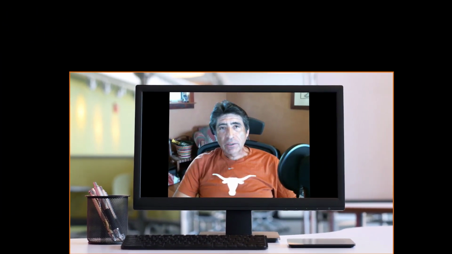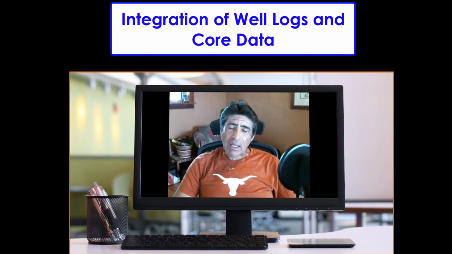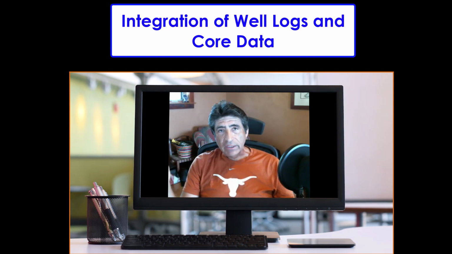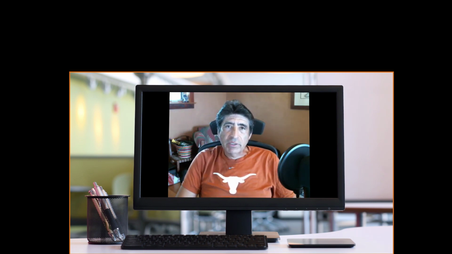Today we are going to introduce a very important topic, which is the integration of well logs and core data. This integration is very important for a number of reasons. Number one, well logs have several important limitations.